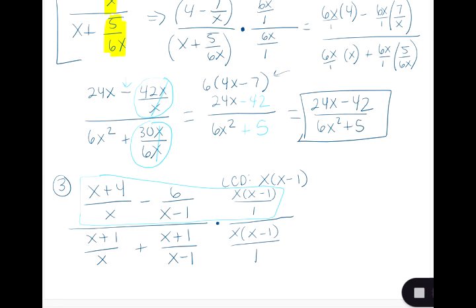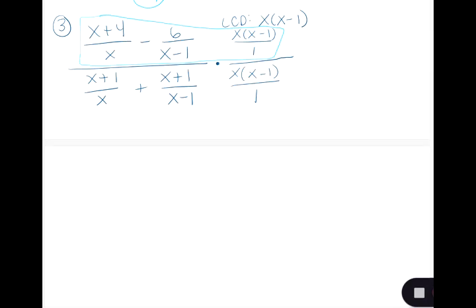Okay, so looking at the numerator, we have x plus 4 over x minus 6 times x minus 1, all in parentheses, right, times my x times x minus 1. So I'm going to distribute over 1 this into both of these pieces up here. So x times x minus 1 over 1 times x plus 4 over x.